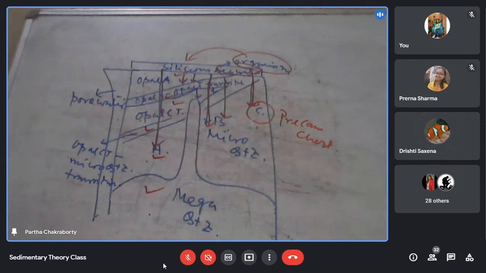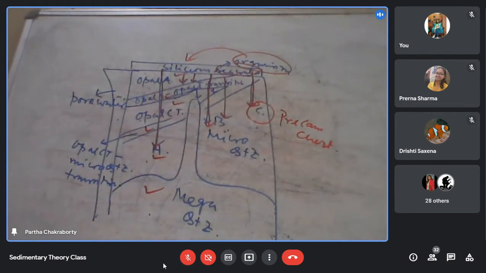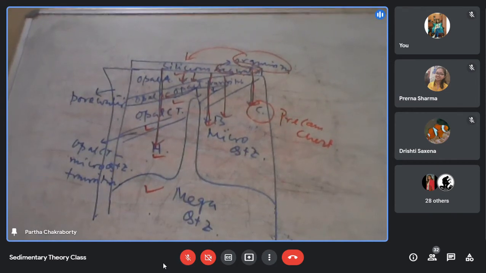Okay, sir. Thank you. There are many questions which still remain unanswered. Because Precambrian chert has been modeled by inorganic precipitation, people believe that chert can give a very good indication of what the temperature was, because as you know, if you increase the temperature, silica solubility increases.